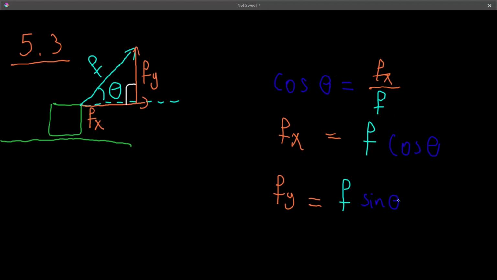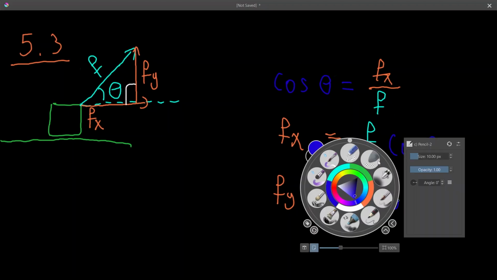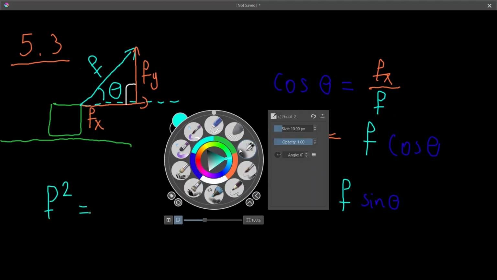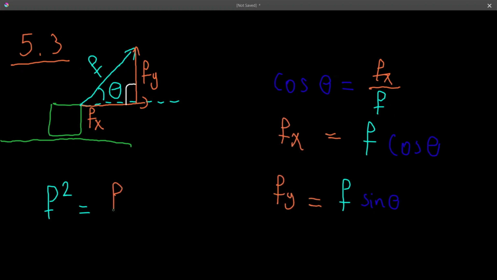And as you can see, since this is a right triangle, if I had Fx and Fy and I wanted to get the resultant, the resultant is just the big force that I split into Fy and Fx. So if I wanted to get F, then by the Pythagorean theorem, F squared is equal to Fx squared plus Fy squared.